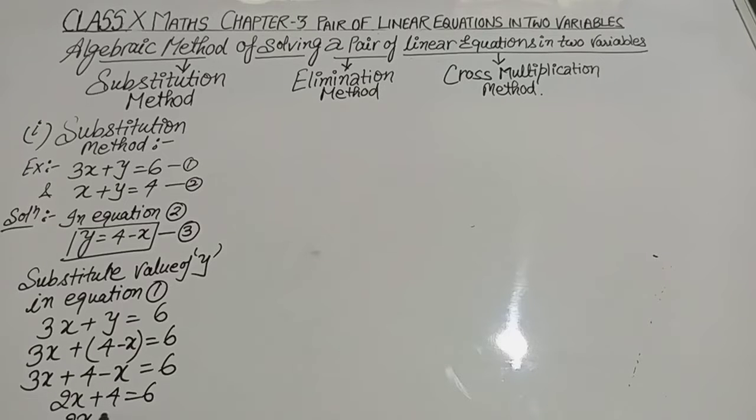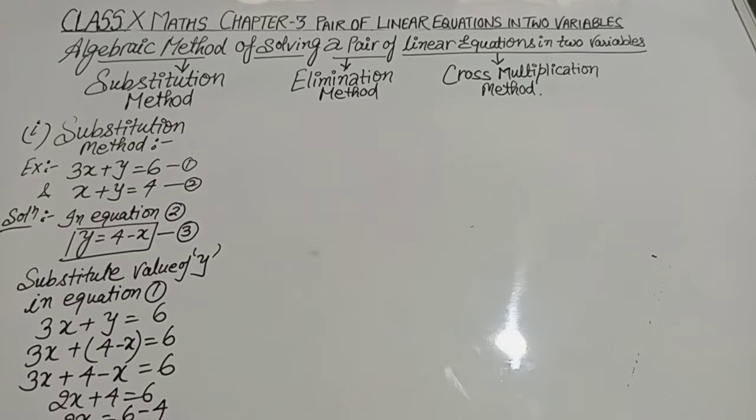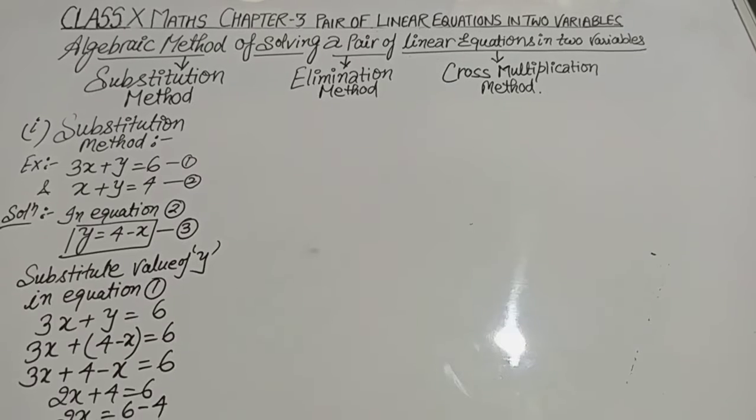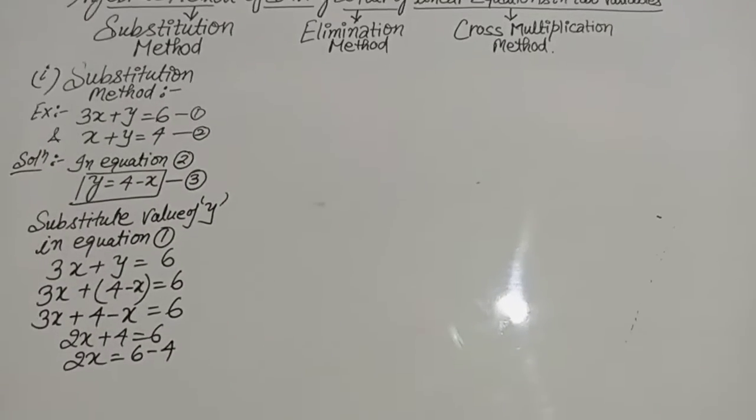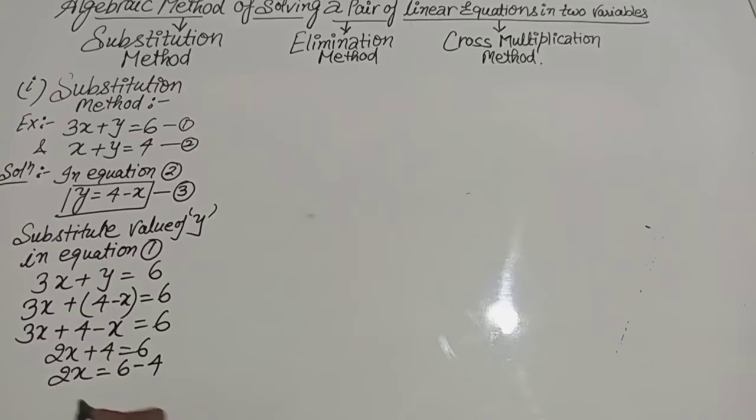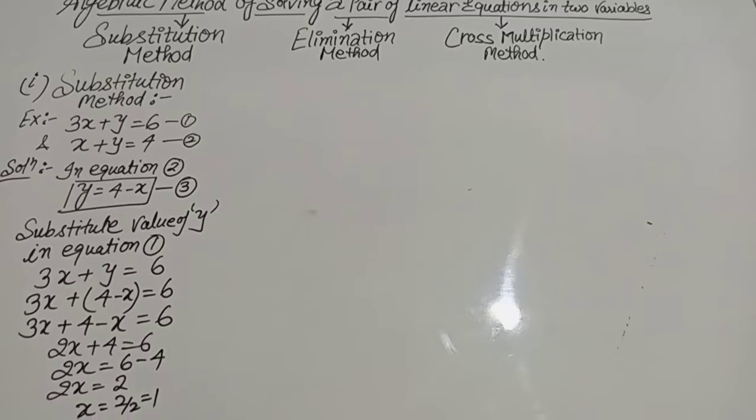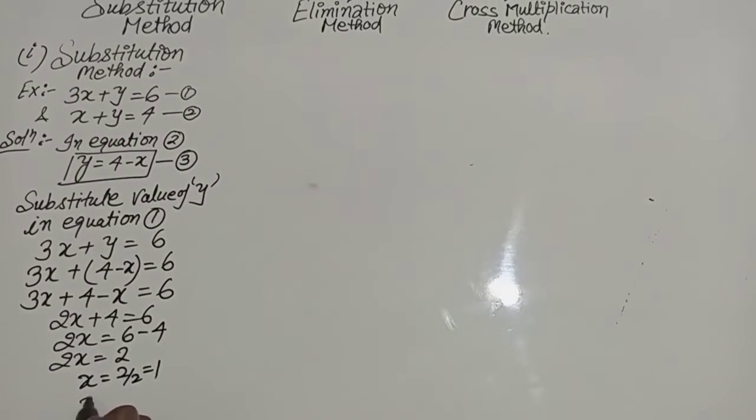So 2x is equal to 6 minus 4. So 2x is equal to 2. So x is equal to 2 upon 2, which is 1. So x is equal to 1.